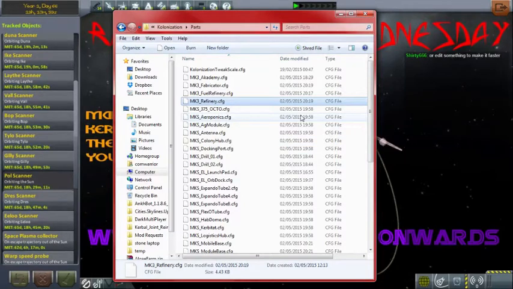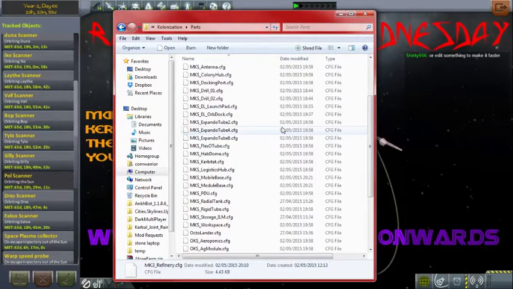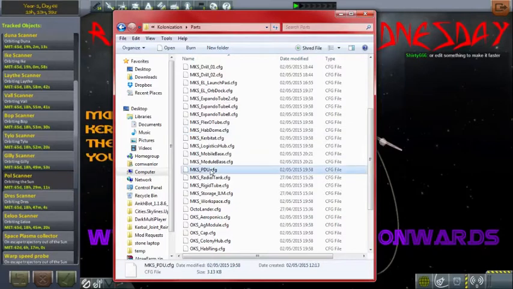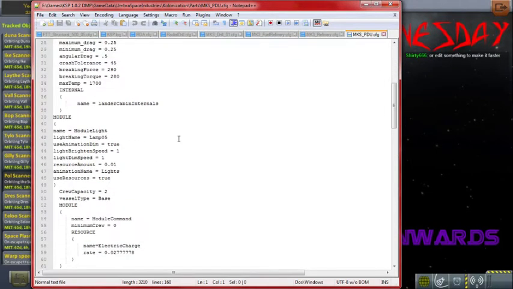So anything in there that I think may be of use? Well, let's take a look at the PDU, which is the power distribution unit, which really is a bad name. Really, it's a power generation unit, but oh well. Let's not go into semantics.